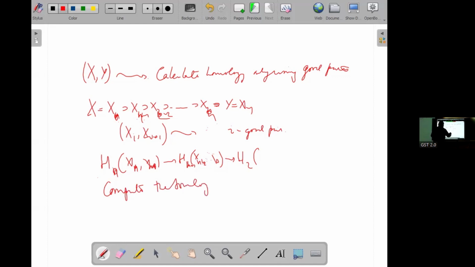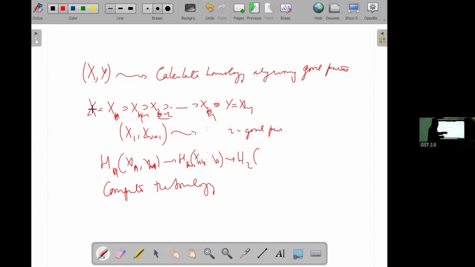Let's forget that we are working with varieties. Suppose you are thinking in the case of a cell complex. So I can take 0 cells, 1 cells, 2 cells, and so on, up to n cells. At each stage, the relative homology is nothing but the number of attached cells.